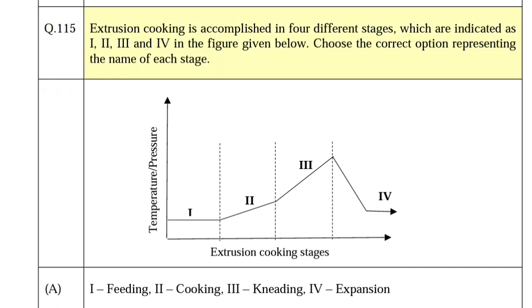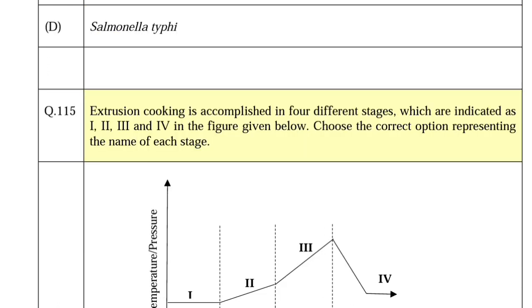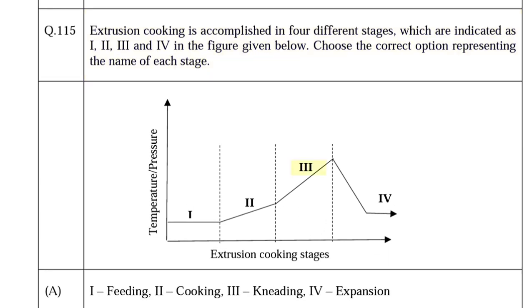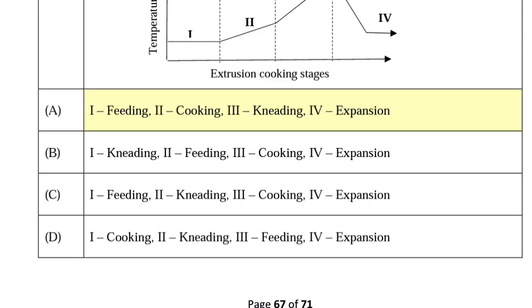Extrusion cooking is accomplished in 4 different stages, which are indicated as I, II, III and IV in the figure given below. Choose the correct option representing the name of each stage. Figure: Extrusion cooking stages, temperature, pressure. A. 1. Feeding, 2. Cooking, 3. Kneading, 4.